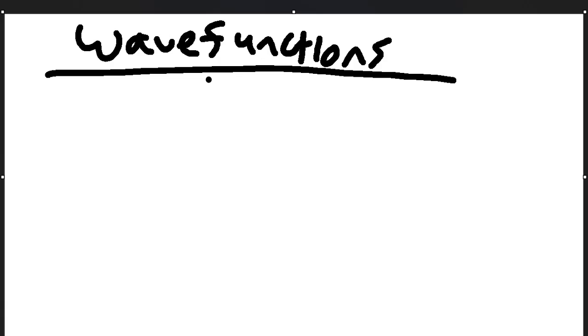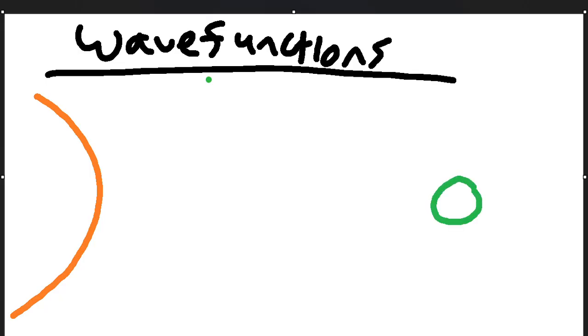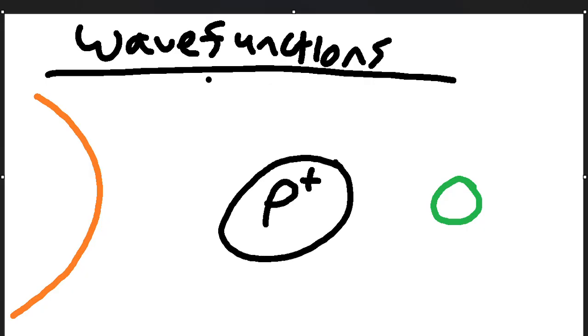As an example, let's say that we have the sun here, and let's say that we have the earth here, and let's say that we have a proton. This proton can most likely be found near the sun, and it's less likely to be found near the earth.